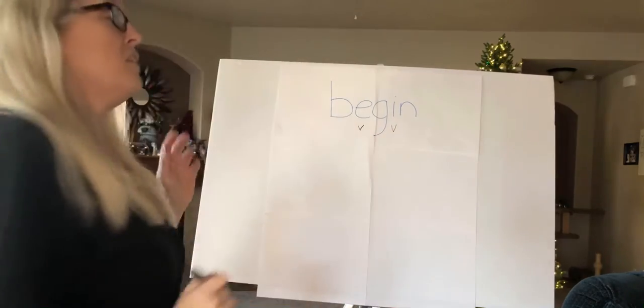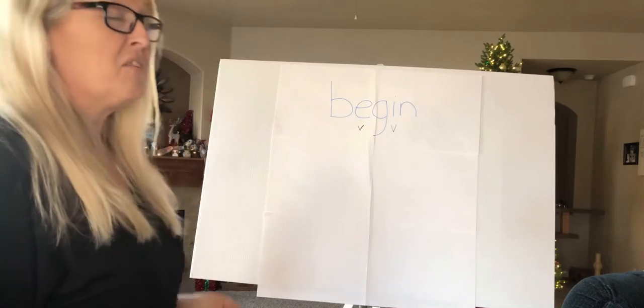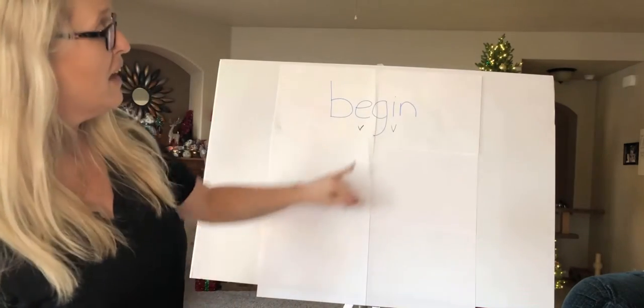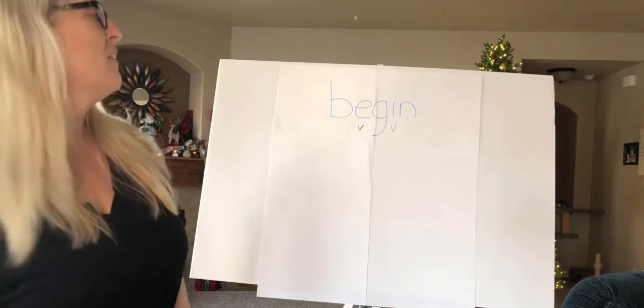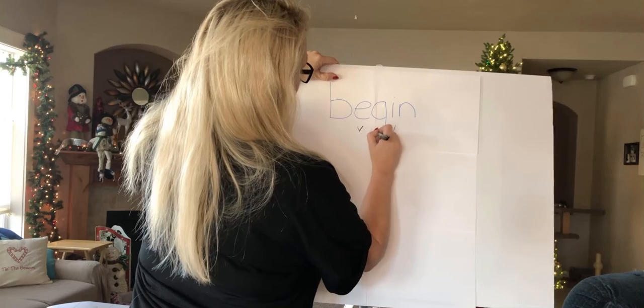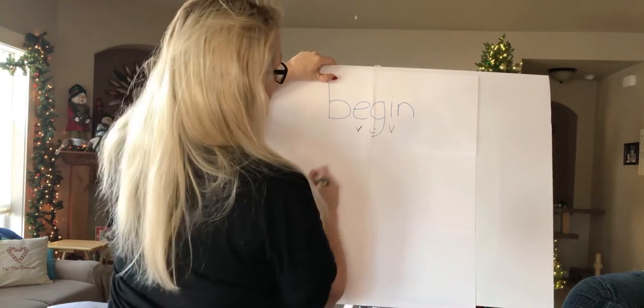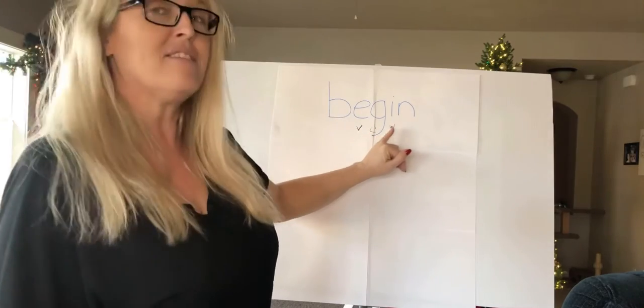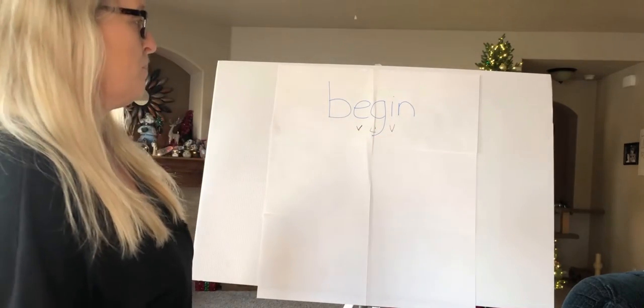Now, our second step is to identify any consonants that come between our 2 vowels. In this case, we have the letter G. The letter G is a consonant, and so we're going to label that with a C. So now we have our VCV syllable pattern.